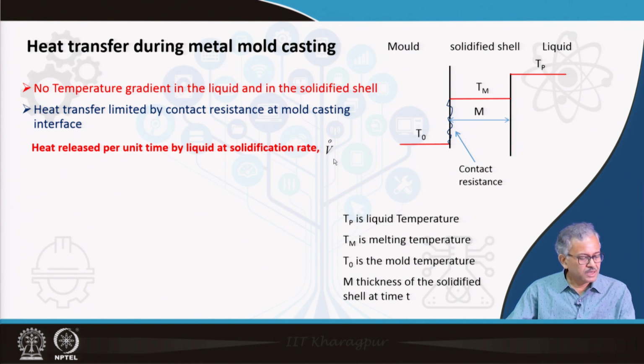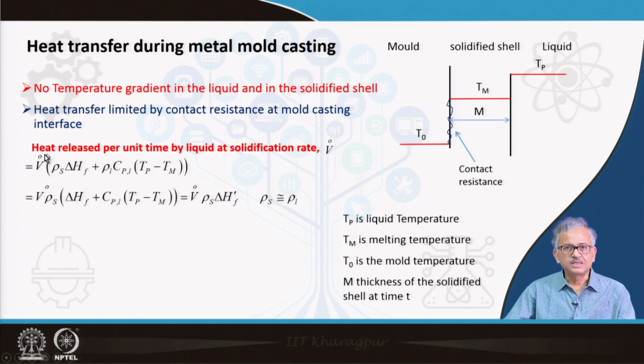Multiplying by rho s gives the mass of metal getting solidified per unit time, and then multiplying by delta HF, the latent heat, which is the calorie per unit mass. So this term, V naught rho s into delta HF, will give you the amount of heat released per unit time due to latent heat of fusion.